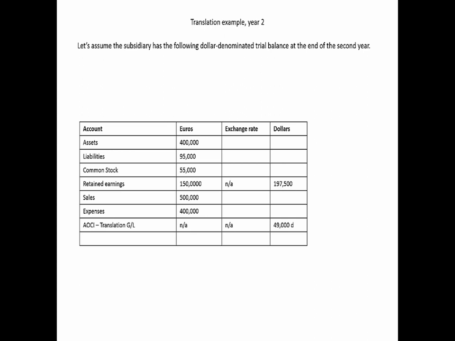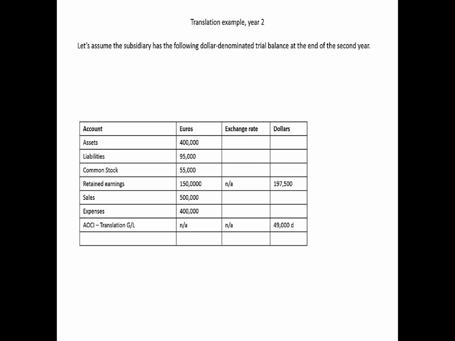There are a number of ways we could approach this problem of carrying forward the translation gain or loss from the previous year. Basically, we can think ahead to what our goal is going to be. Our goal is that on the consolidated income statement, we want to have the full translation gain or loss from this year's transactions minus the amount that accrues to the non-controlling shareholders, equaling the other comprehensive income that accrues to the controlling shareholders.